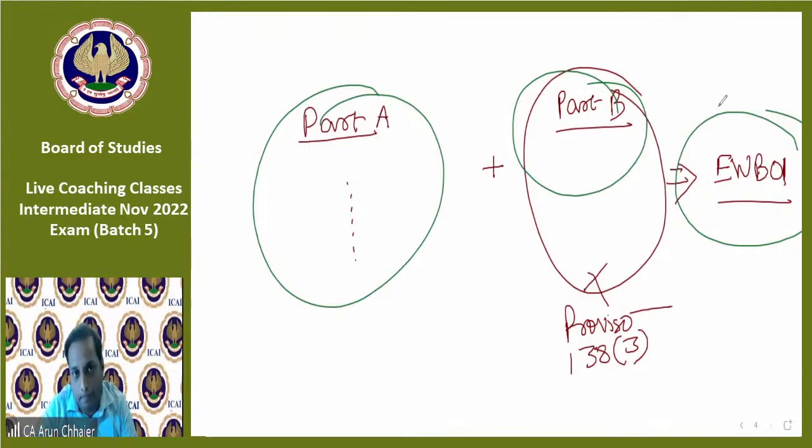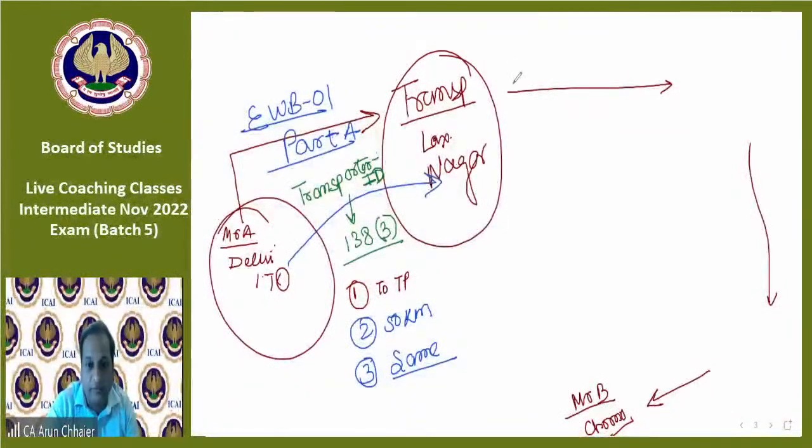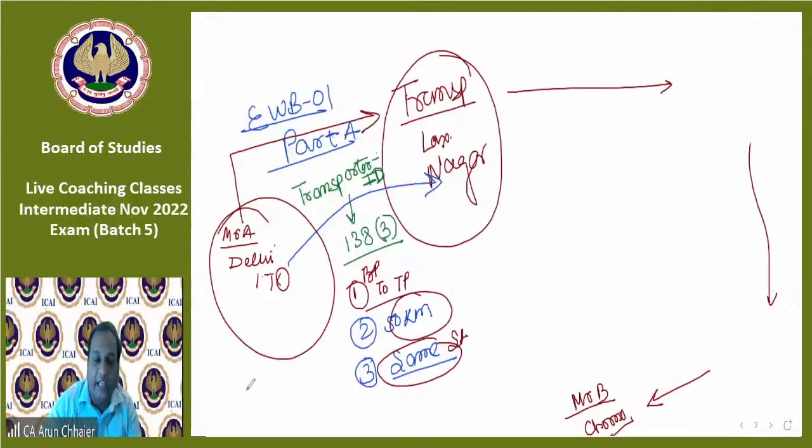It says that if you are moving the goods from your business place to the transporter's place, the state is the same and the distance is within 50 kilometers, then you need not add part B. I am using the word add because the first time I am giving the information; next, when I change the vehicle number, I will use the word update.